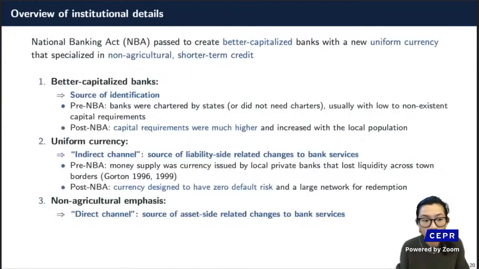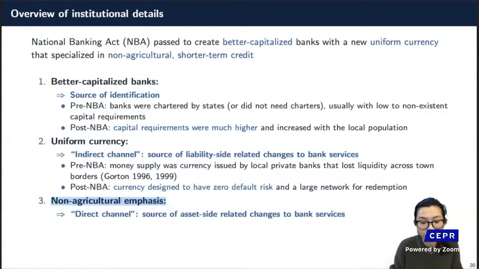Okay. All right, so that takes me to bullet point number 3, where I'm going to rely on the institutional context where, again, it was written in the legislation what types of collateral and what types of lending these national banks could do. Okay.